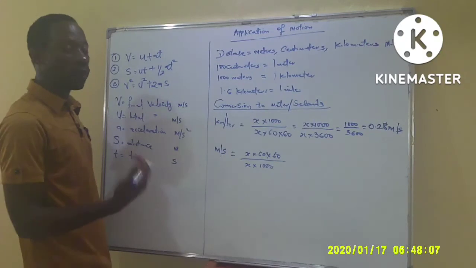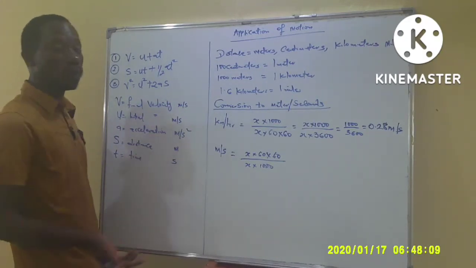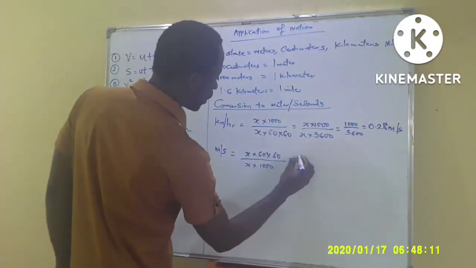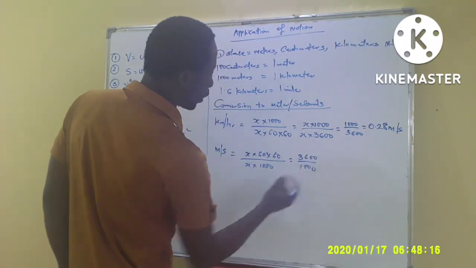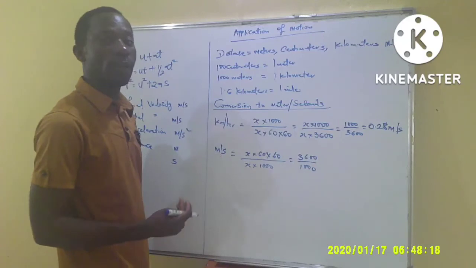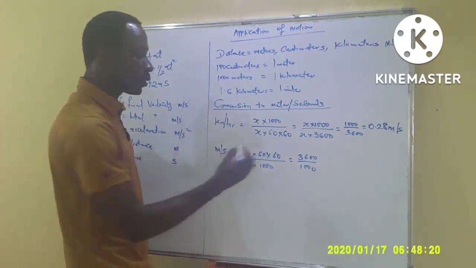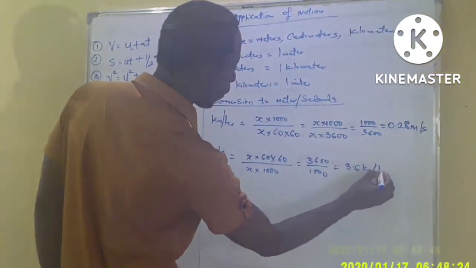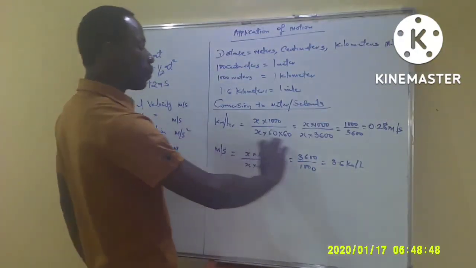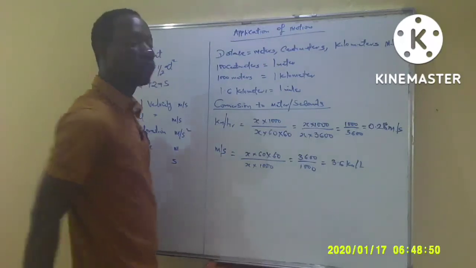The reverse becomes the case. So when you multiply this, at the end of it, we are going to have 3600 over 1000, 3600 divided by 1000, to give us 3.6. So at the end of it, you multiply the meter per second value by 3.6, and it gives you the value in kilometer per hour.